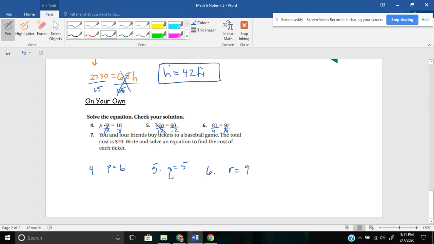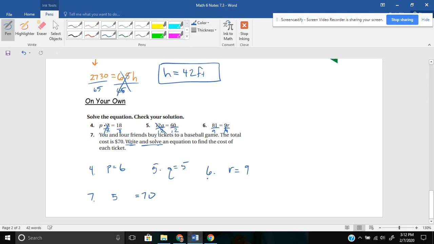And lastly, number 7, you and 4 friends buy tickets to a baseball game. The total cost is $70. Write and solve an equation to find the cost of each ticket. So you and 4 friends, how many total are there? That'd be 5 total. We know the total cost is $70.